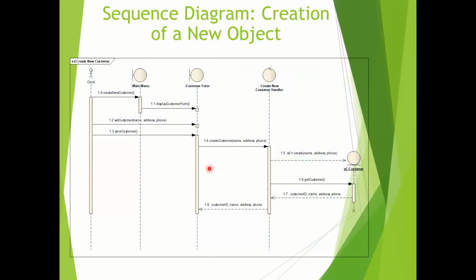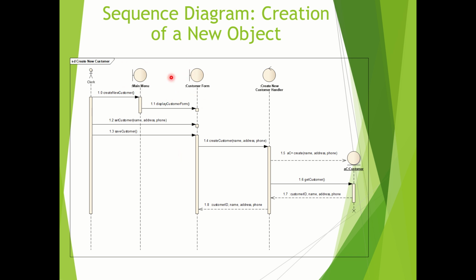So, this is another example of the sequence diagram, where we can see the creation of a new object. You have a clerk, and the clerk is asking for a new customer, creating a new customer. So, it goes to the main menu of your page and it displays the customer form.